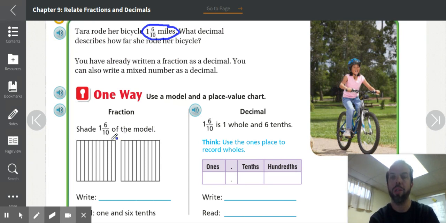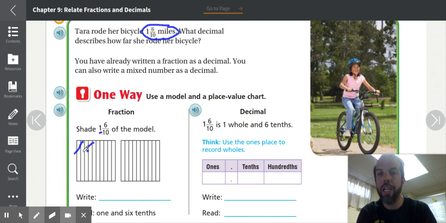So if I'm using my model here, it says shade 1 6/10. So because I have one whole, I can simply just shade in this entire thing. All right, so that's a whole mile that Tara rode. Now for the second square, I'm going to shade in how much? Well, look at the fraction part.